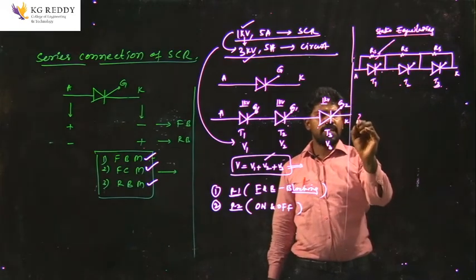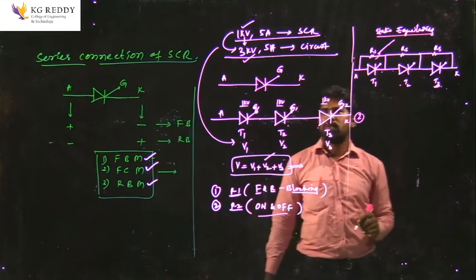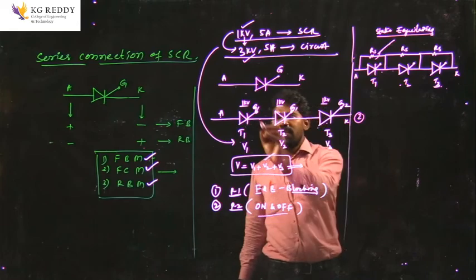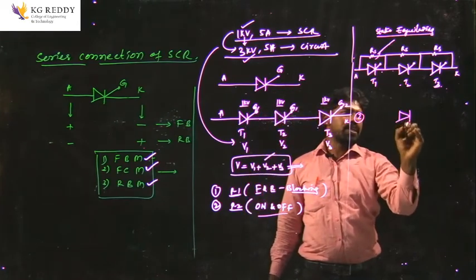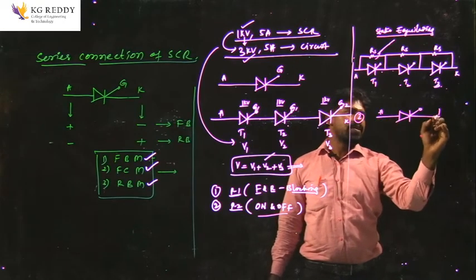Now let's see the second problem. What is the second problem? The turn on and turn off problem. By providing the gate signal, the SCR is going to trigger.